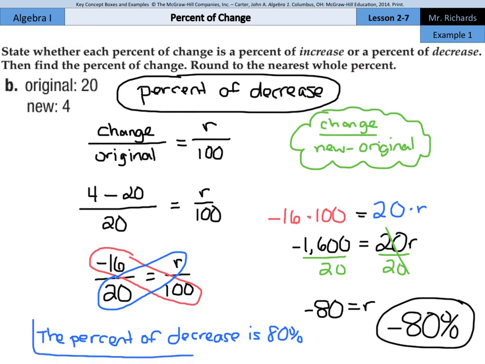So it gets a little kooky, I guess. We have the percent of decrease. The percentage we found was negative 80%. But when you put it in a sentence, it'll be the percent of decrease is 80%. The negative just kind of goes away since we use the decrease word. When they're separate, it's okay to use the negative sign here. When they are together, though, it's just decrease is 80%.